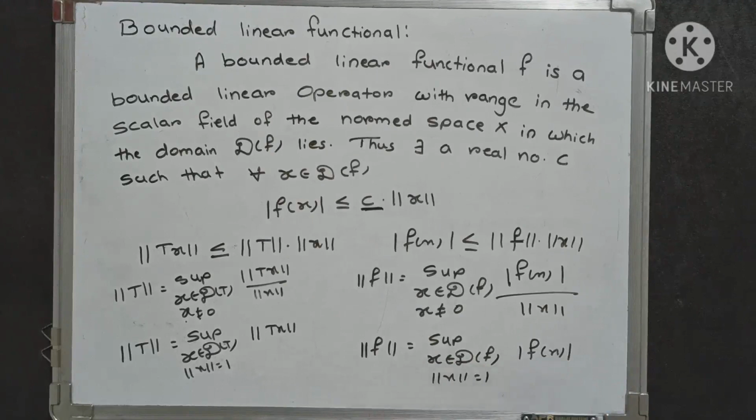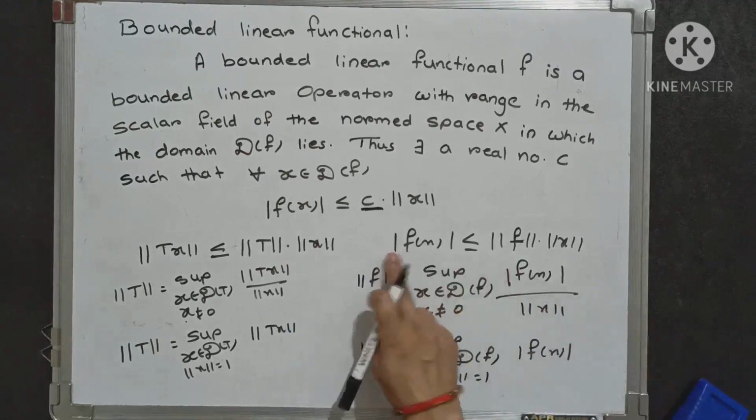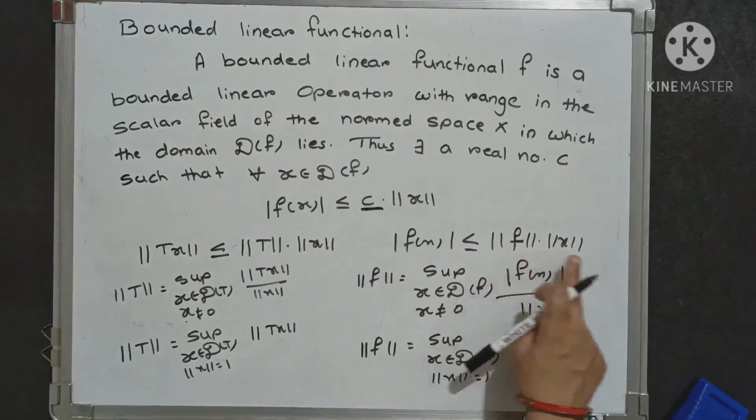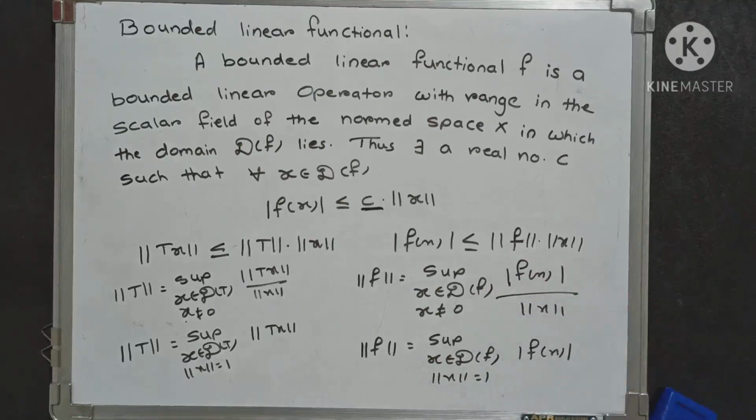With the help of these two formulas we can write mod of f of x is less than or equals to norm of f into norm of x. This is about the bounded linear functional.